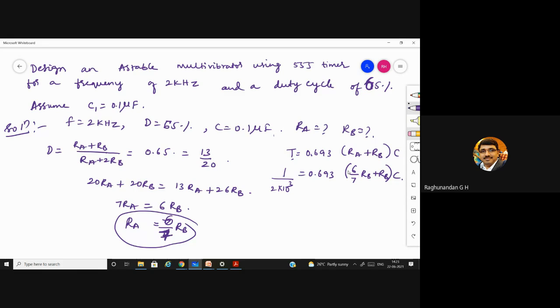Now simplify. So we get RA as 21.6 kilo ohm, sir. 21.6 kilo ohm.